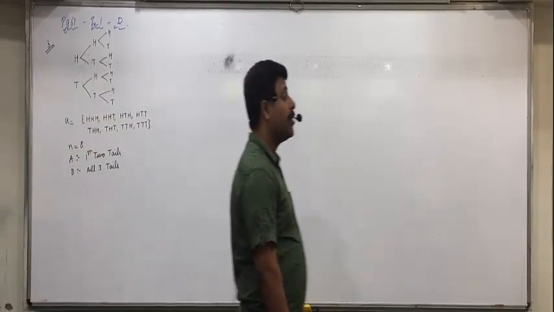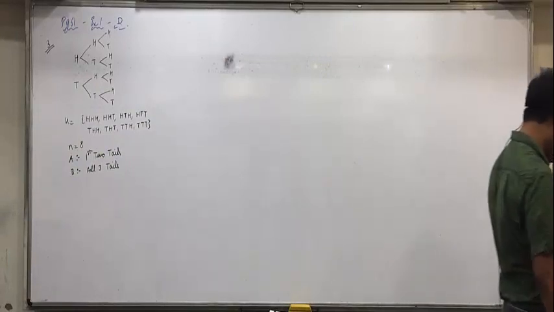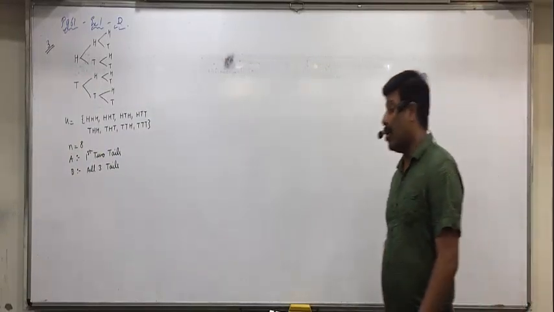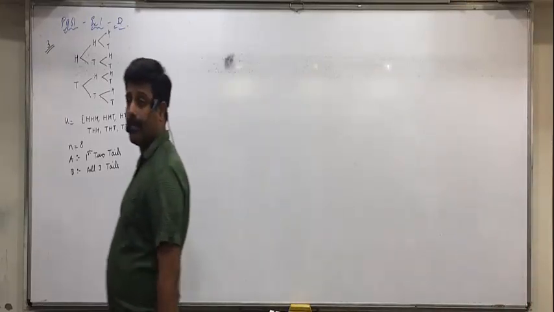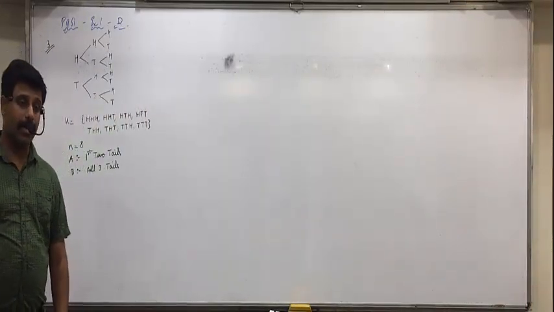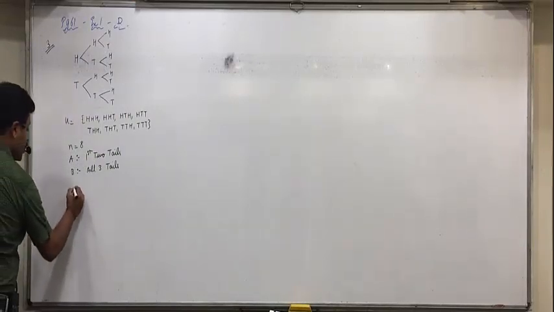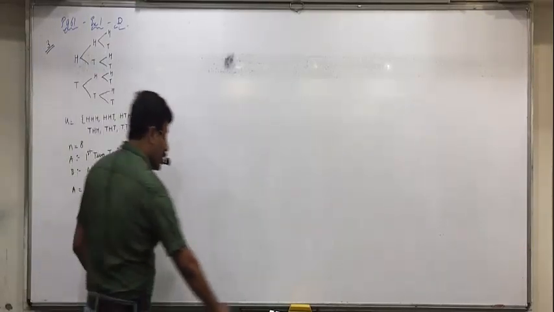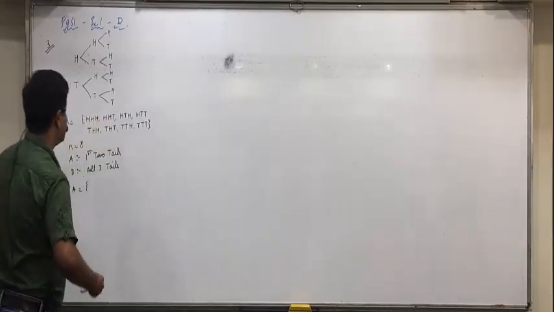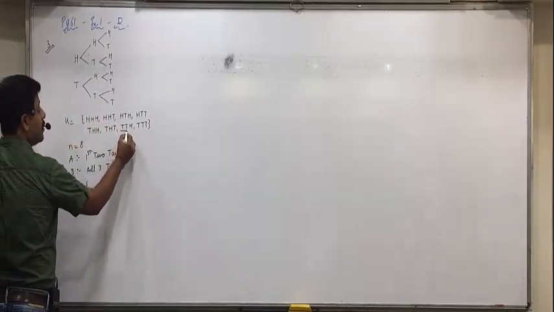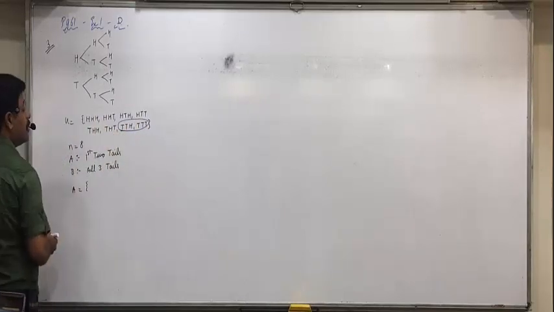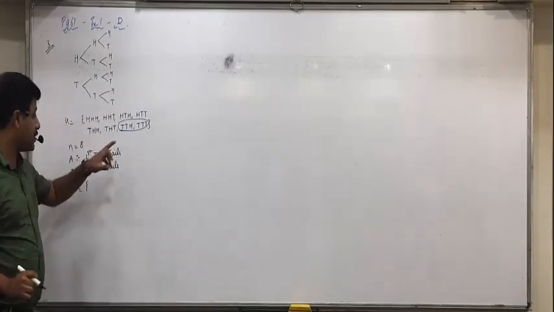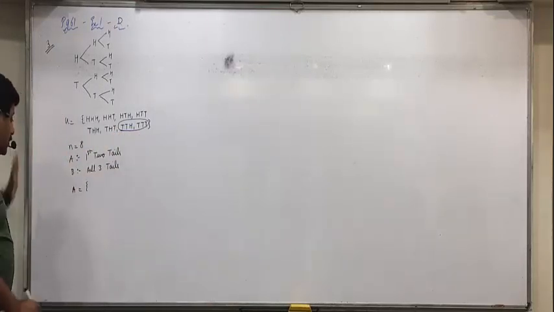Let event B be the event that all three are tails. Now, see in the sample space, first two are tails. Do you get these two or not? Where do you find first two are tails? T T H and T T T.